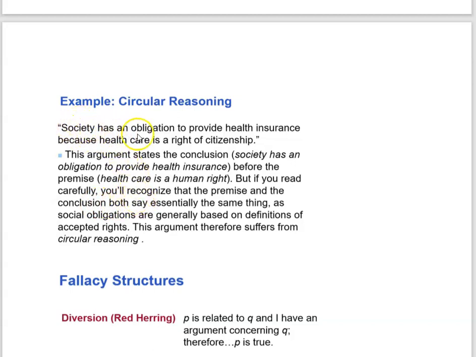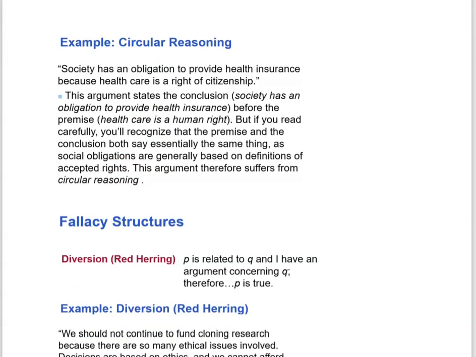Those two statements are pretty much the exact same thing. So they're just saying the same thing over and over again, and then saying, well, then that's true, right? So this argument, therefore, suffers from circular reasoning. Okay, here's another one that we see a lot.